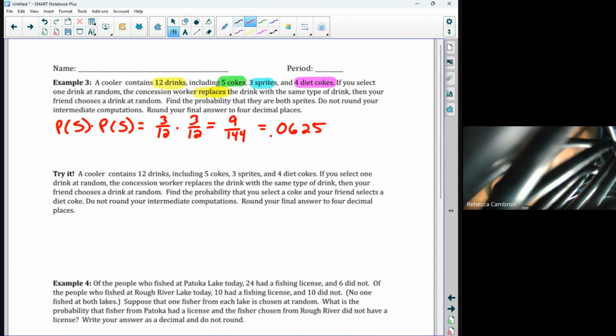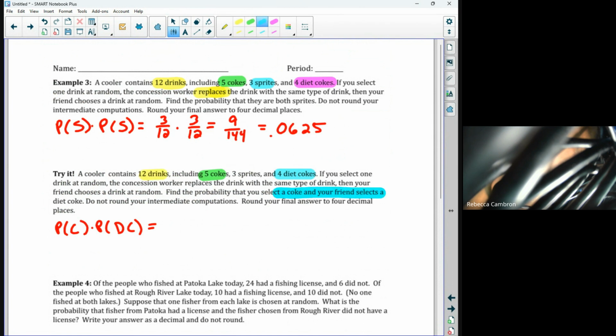Okay, you have a try it, so let's pause a second. I'm going to let you do that. Same situation, 12 drinks. So yours is the probability of selecting a Coke and then a Diet Coke. 5 Cokes, 4 Diets, total 12.